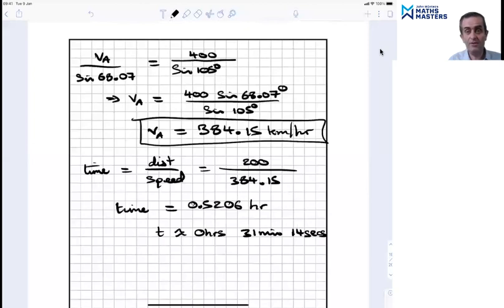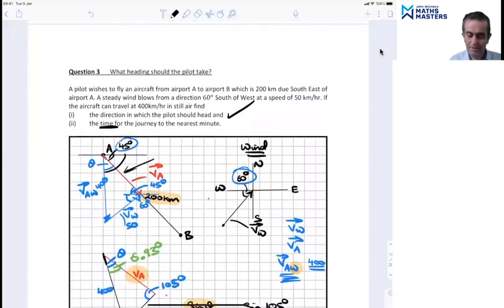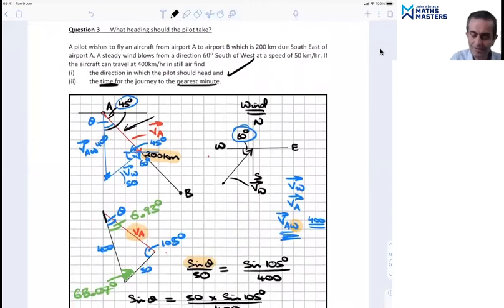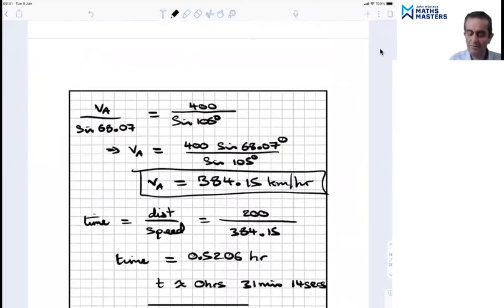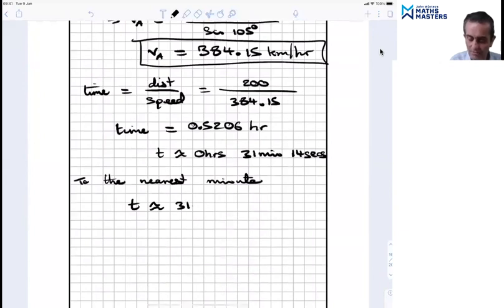Now let's read the question to see what accuracy they wanted. So find the time for the journey to the nearest minute. So we need to round to the nearest minute. So to the nearest minute, the time is approximately equal to 31 minutes.